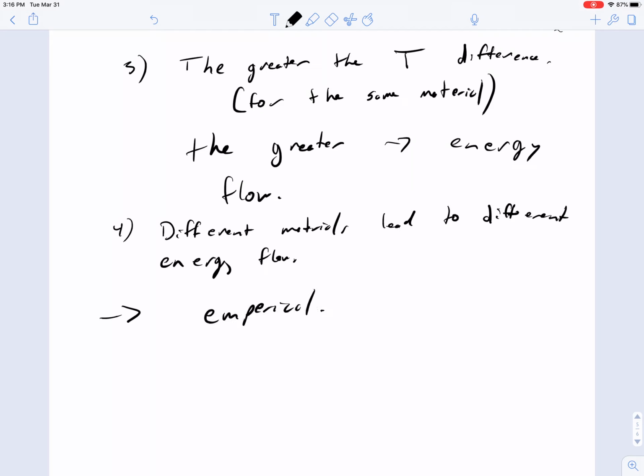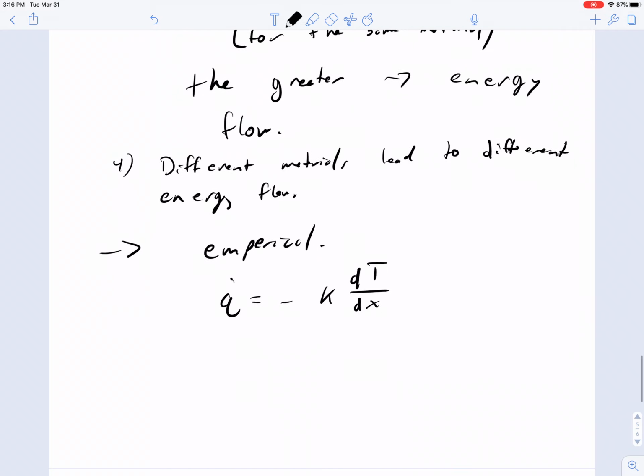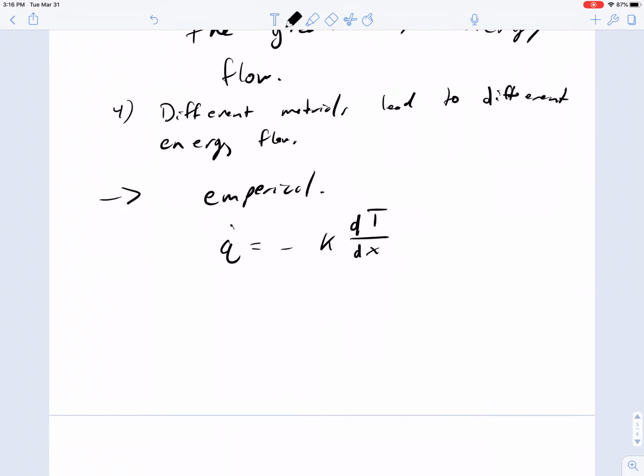which is Q is equal to minus K times dT/dx. He did these at steady state, so it's total derivatives, and we have here K. This is called the thermal conductivity.